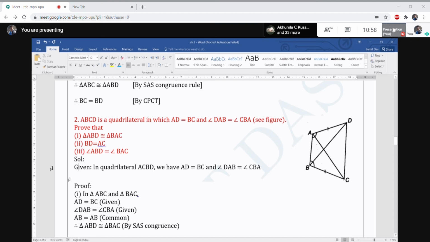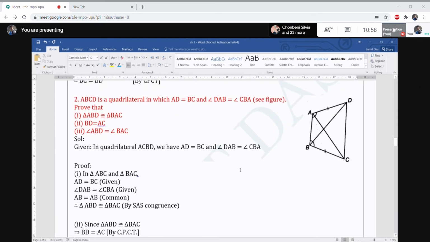Whatever you can prove, write down here. So given, whatever is given in the exercise, we are writing like that. In triangle, AD equal to BC and angle DAB equal to CBA. Okay, now come to the proof part.